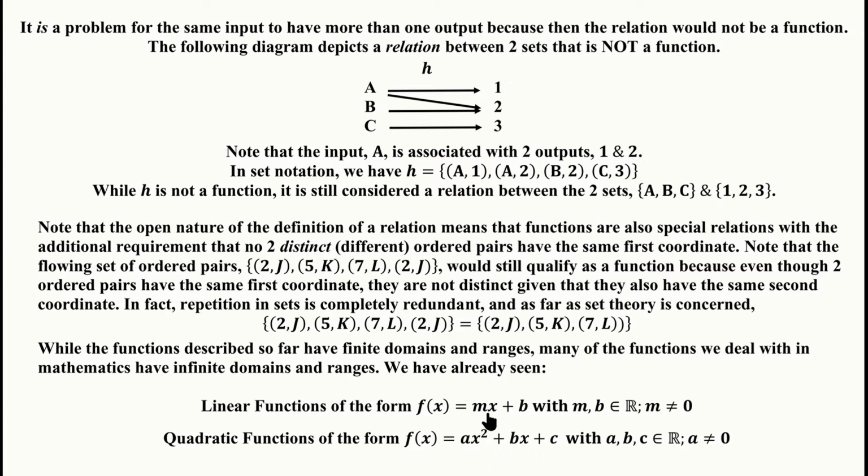In both of these cases, the constants are real numbers, and in this case we don't want m to be 0 because this would break this down and it would just become a constant function, and in this case we don't want a to be 0 because otherwise this would go away and we would just get a linear function. But both of those have infinite domains and ranges, as we have seen previously.